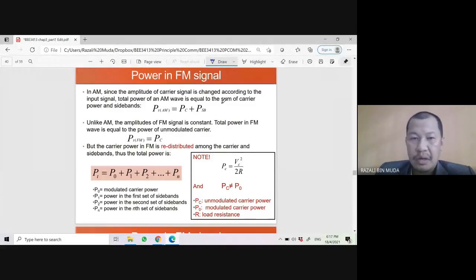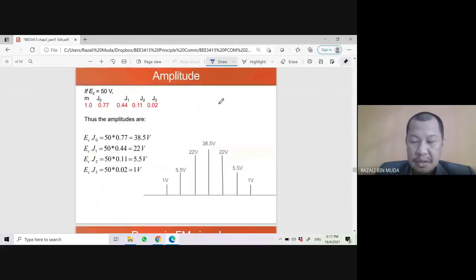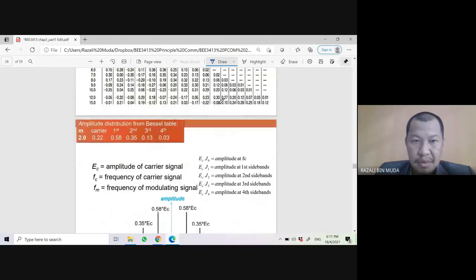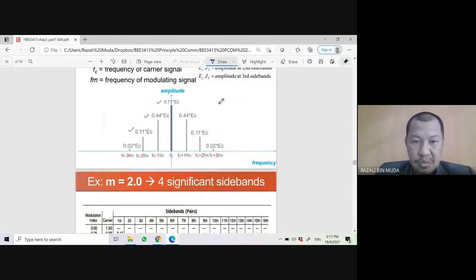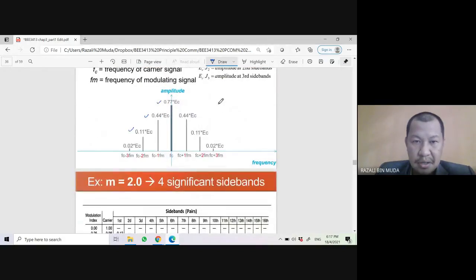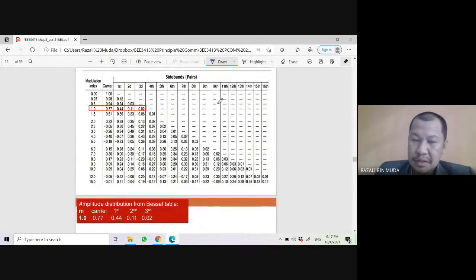Okay, so now, after we have discussed the example of the Bessel table, just now we discussed how we can relate the modulation index and the value of the sideband.